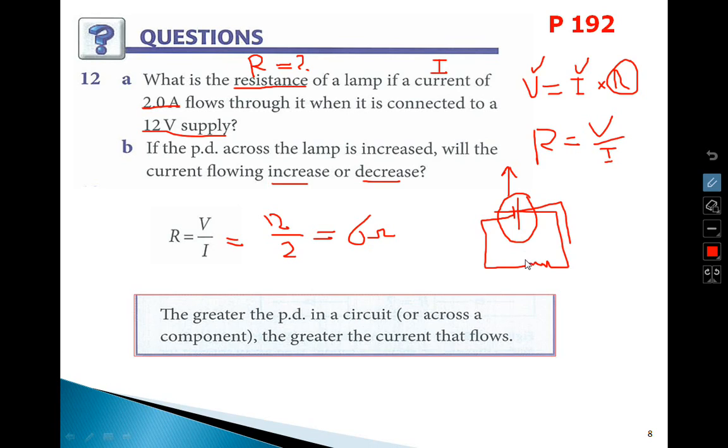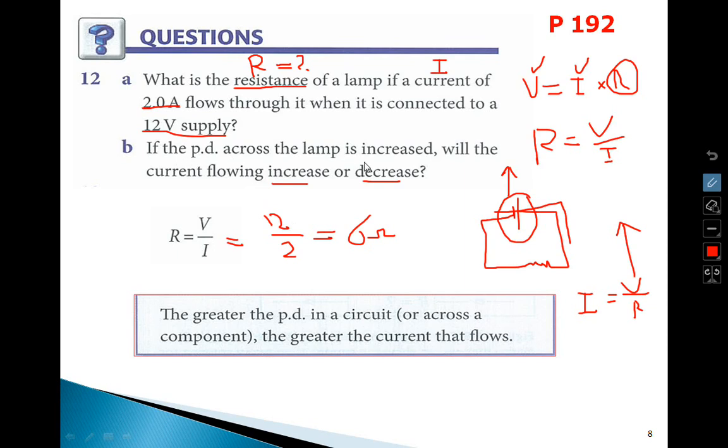Why? From here, I is equal to V over R. Once you increase V, immediately I will increase. From this equation, once you start increasing V, the value of I increases. So the resistance will be less because the current is high.